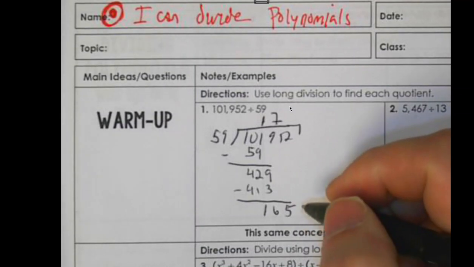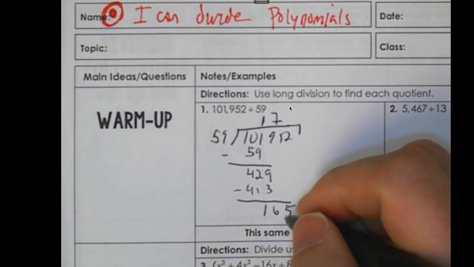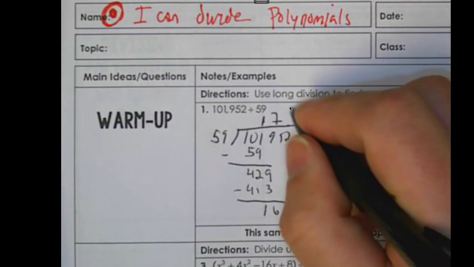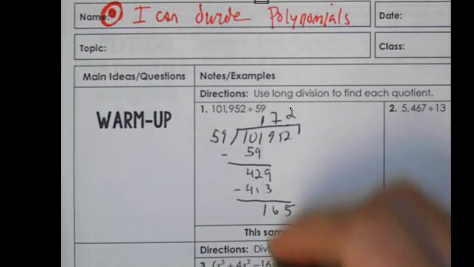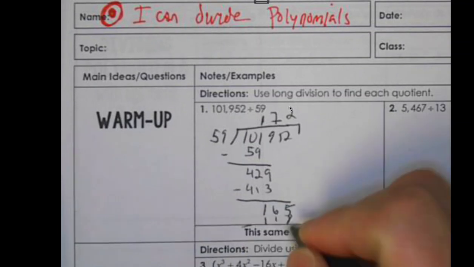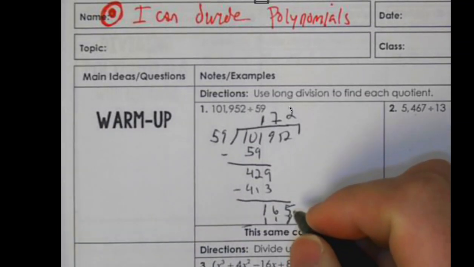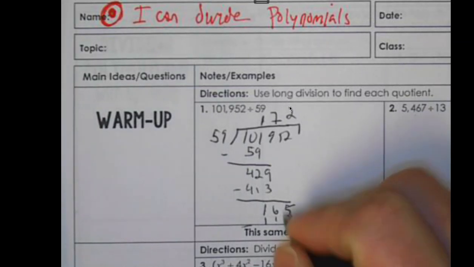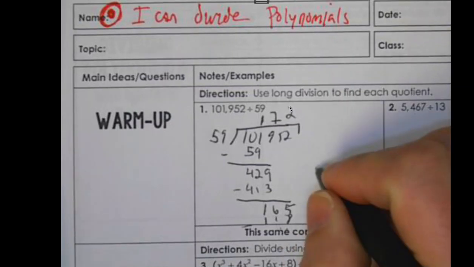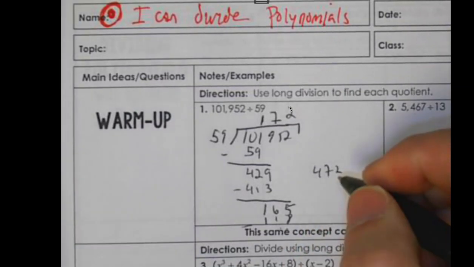And then that goes in, let's see, not 3 times, probably 2 times. And then 59 times 2 is 118. Subtract it. I get 47. And I bring down the 2.